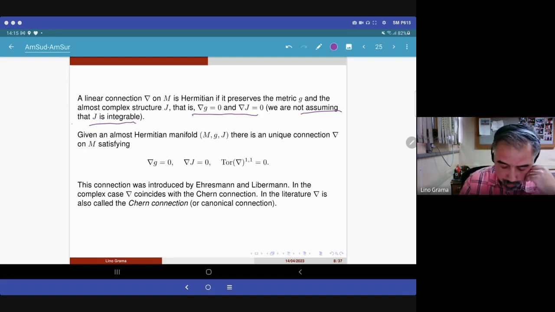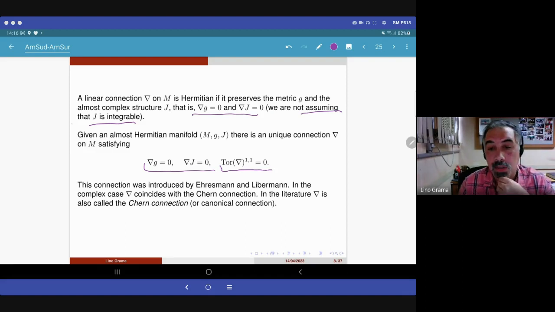Given an almost Hermitian manifold, there is a unique connection, nabla, that satisfies this condition. It is Hermitian, and the 1-1 part of the torsion vanishes. This connection was introduced by Ehresmann and Libermann, and in the complex case, if J is integrable, this connection coincides with the Chern connection on a Hermitian manifold. In the literature, this connection nabla is also called the Chern connection.